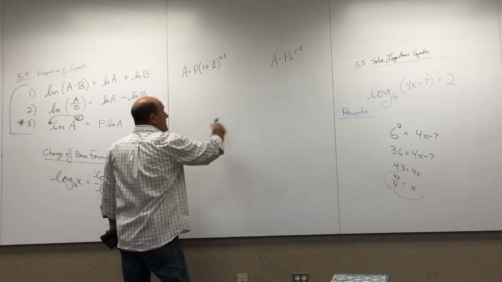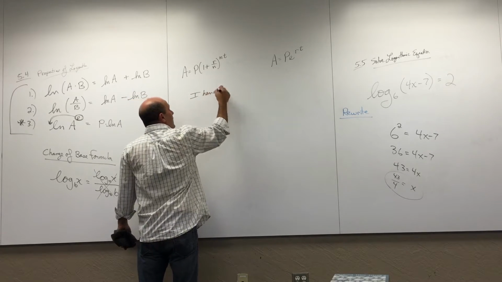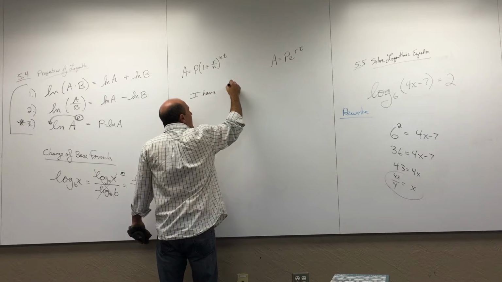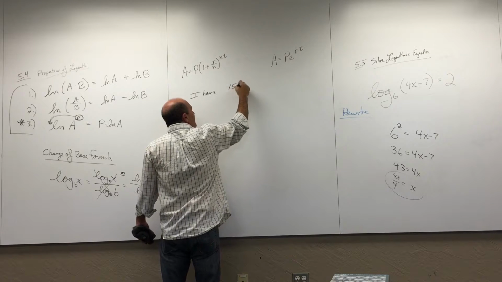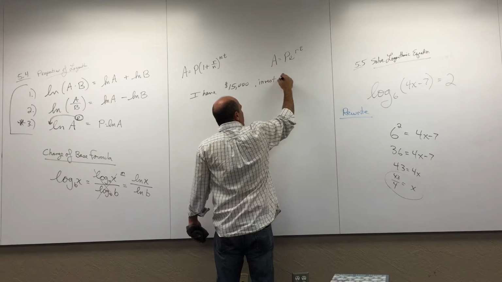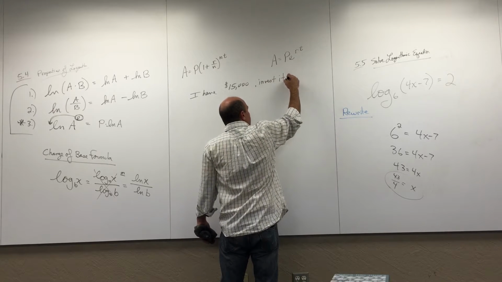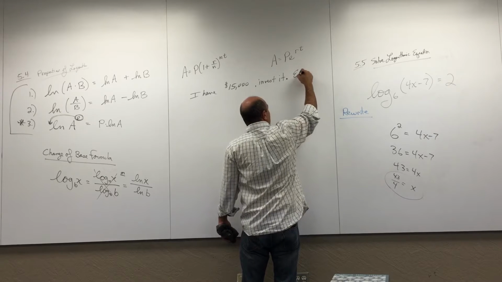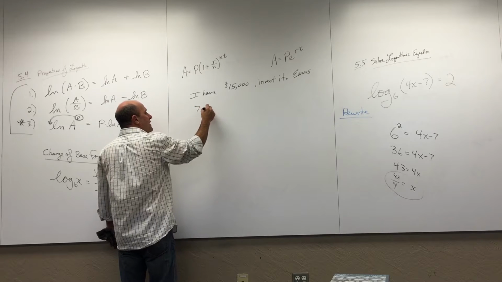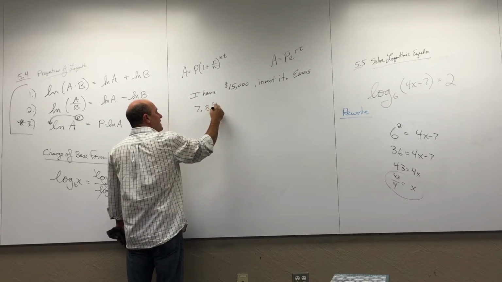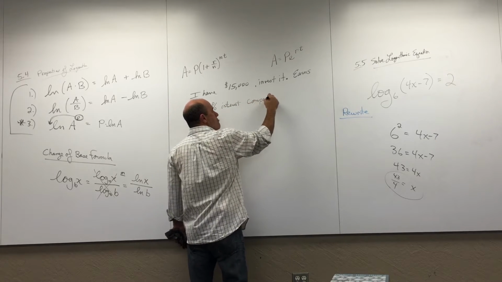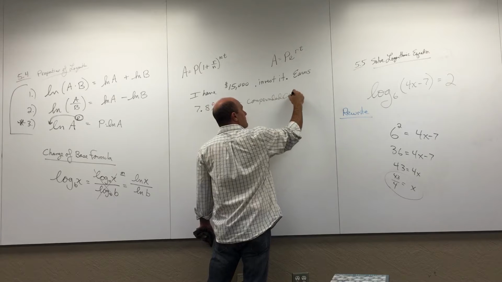If I said I have $15,000 and I invest it, and it's going to earn 7.8% interest, compounded continuously.